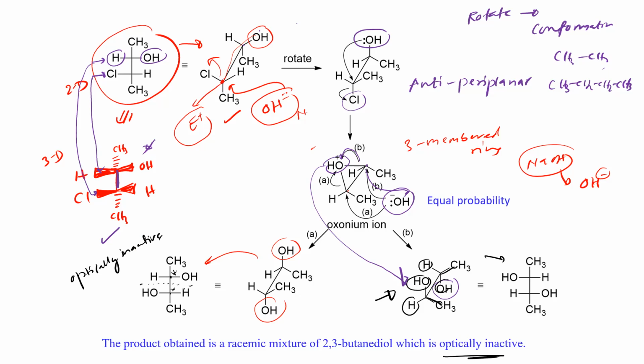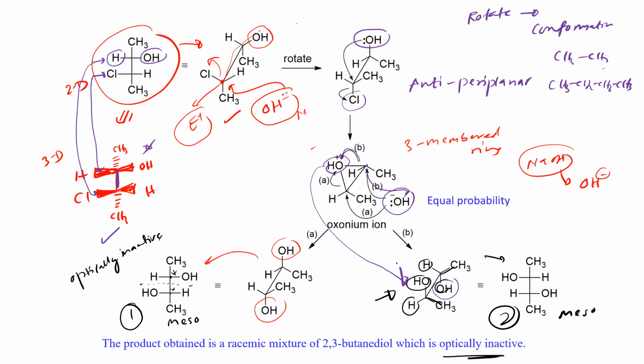Since you have a plane of symmetry in the molecule, we call them meso compounds. And since this hydroxyl can attack these 2 carbons with equal probability, let's say this is product 1, product 2, you get product 1 and product 2 in equal amounts.